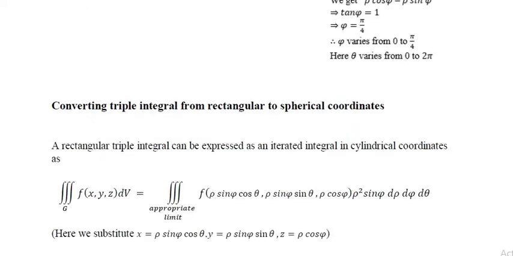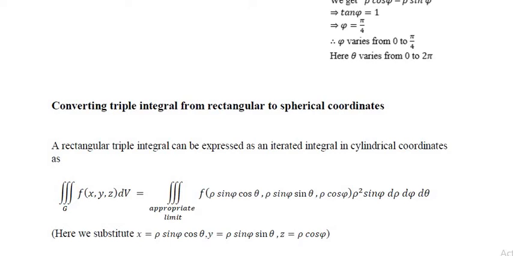Next we'll see how to convert this triple integral from the rectangular coordinates to the spherical coordinates there. So a rectangular triple integral can be expressed as an iterated integral in spherical coordinates as triple integral over G f of x y z dv, which is equal to triple integral over the appropriate limits f of rho sine phi cos theta, rho sine phi sine theta, rho cos phi into rho square sine phi into d rho d phi d theta.